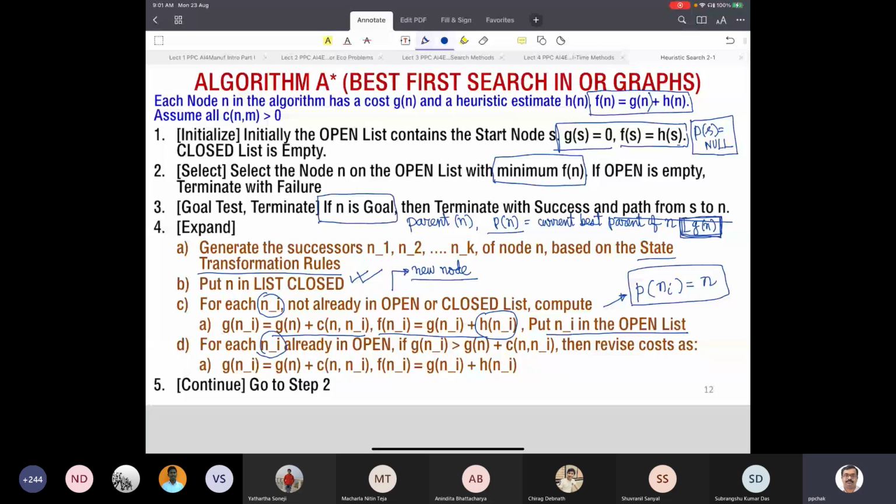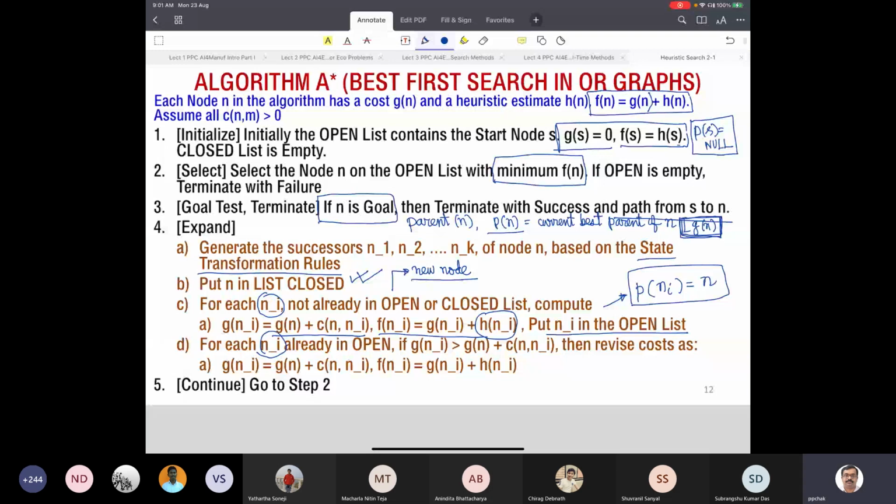Now, if that node Ni is already in open or closed, it could be already in open or it could be already in closed. If it is already in open, then what could be possible? Could you come to it with a smaller path? A smaller cost path? Yes, sir. You could come to it with a smaller cost path.